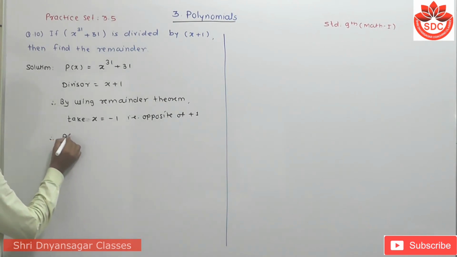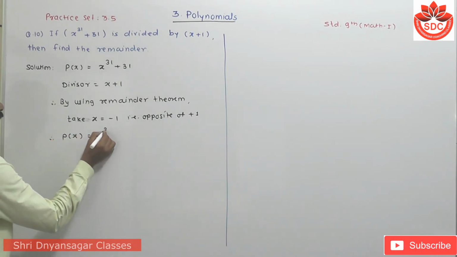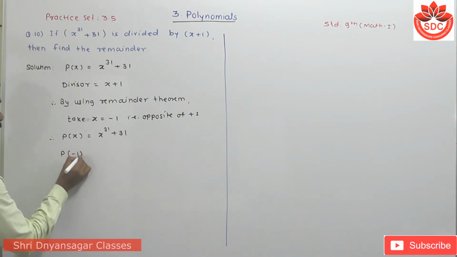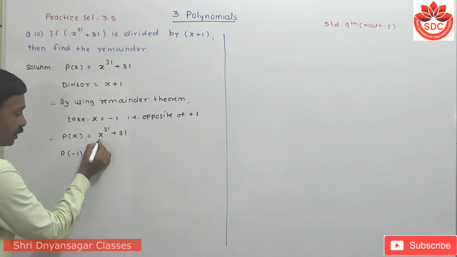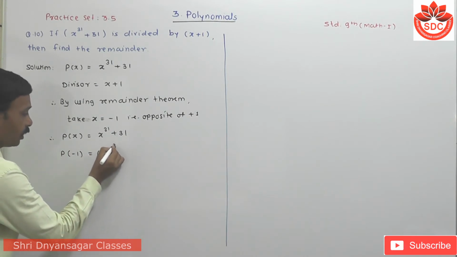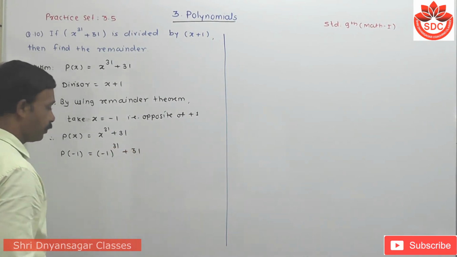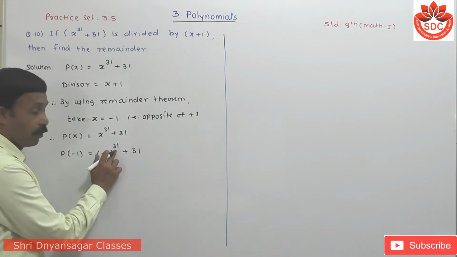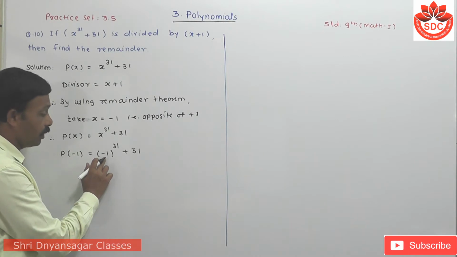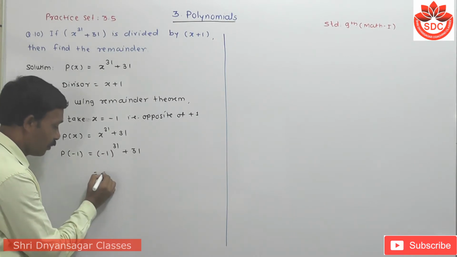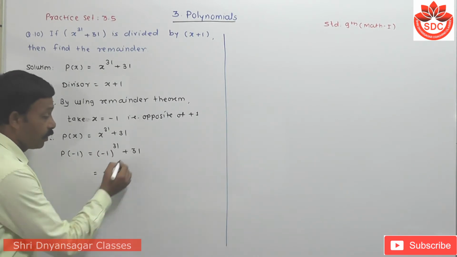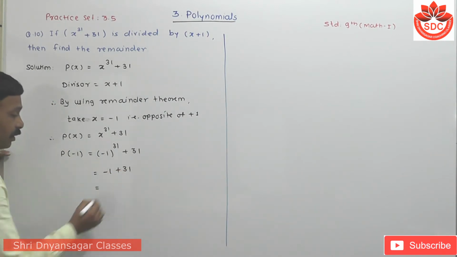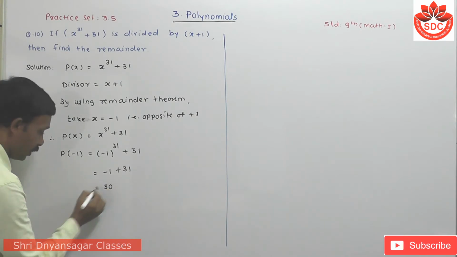Therefore, p of x, I will write again, x raised to 31 plus 31. Then p of minus 1 equals minus 1 raised to 31 plus 31. Students, 31 is an odd number, so minus 1 raised to an odd number is minus 1, plus this 31, means the subtraction is plus 30.